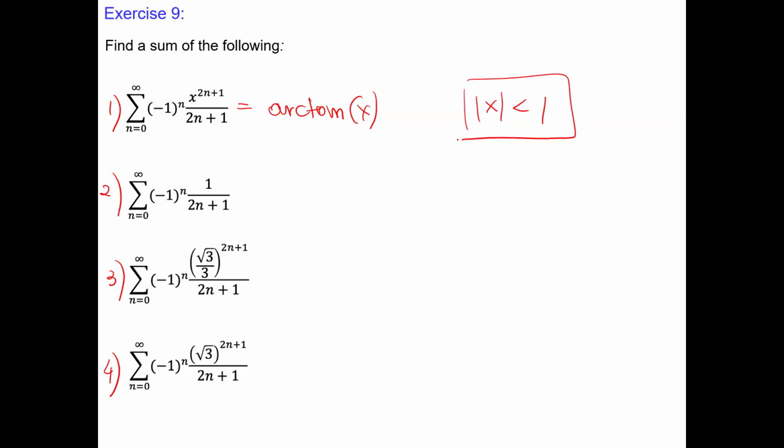I don't know if I can use this one, because with 2n plus 1, okay, arctangent, we cannot actually accept 1. That means we will not apply some calculations, because it will not be convergent, since we cannot really include 1 or -1.